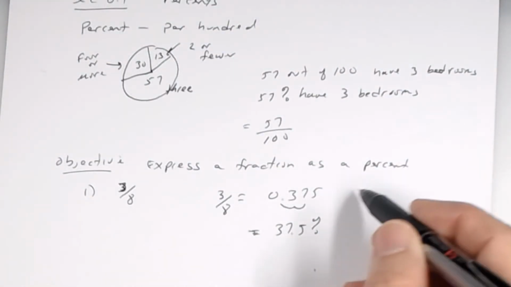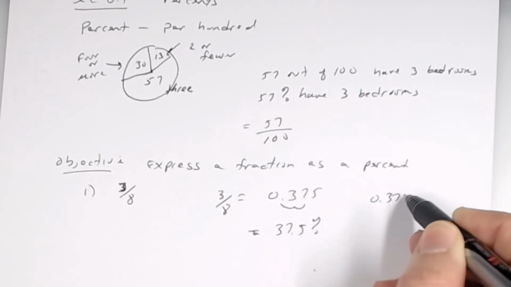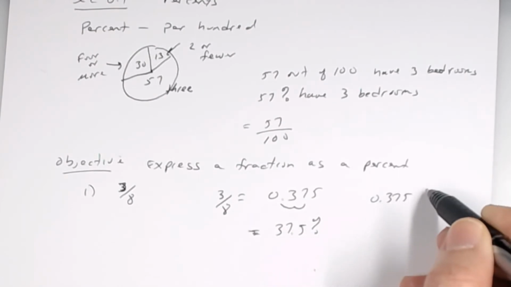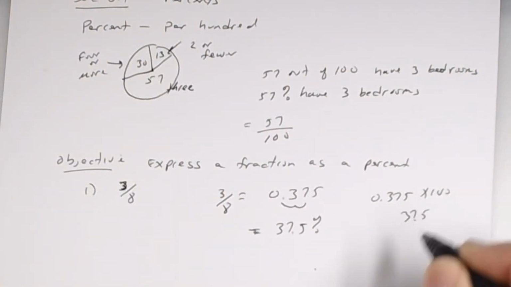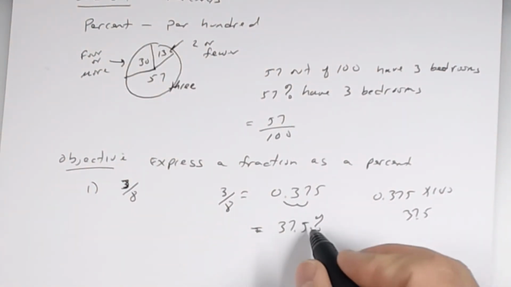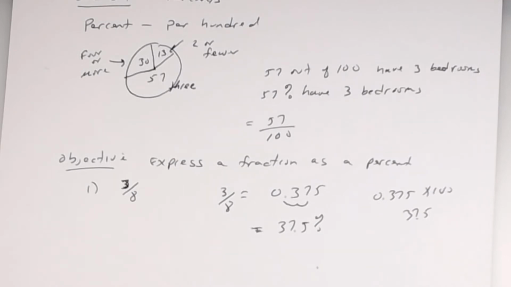You see when I had 0.375? If I multiply by 100, use your calculator, what do I get? 37.5. And that's the process of changing a decimal to a percent. You multiply by 100, and all you have to do at the end is add the percent symbol. Okay, so I get 37.5, so therefore the answer is 37.5%.